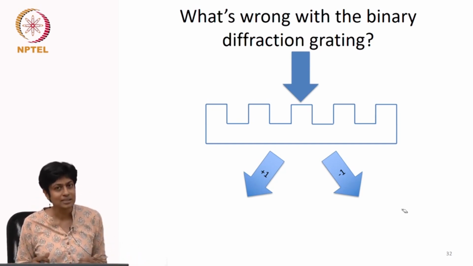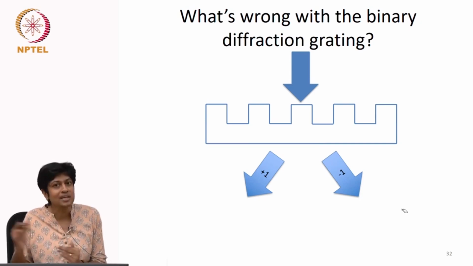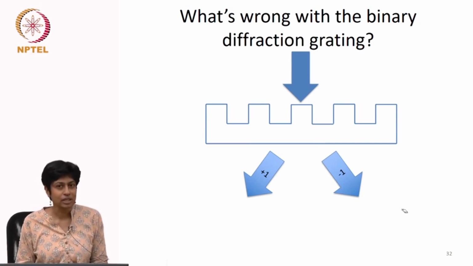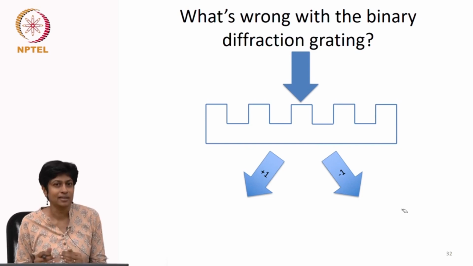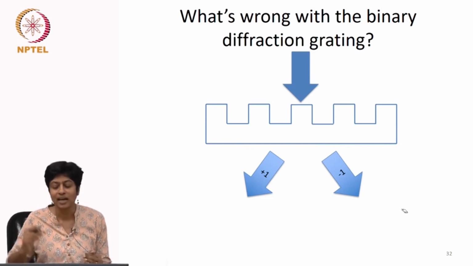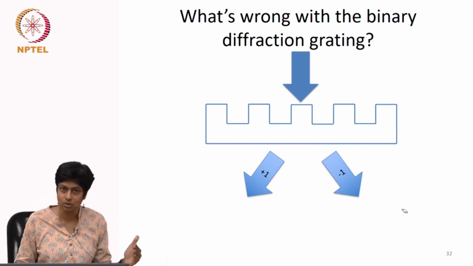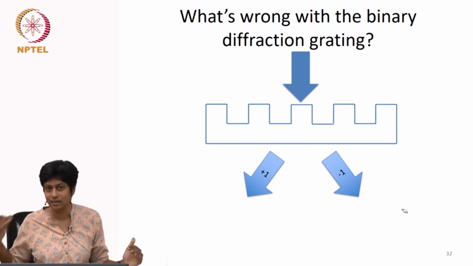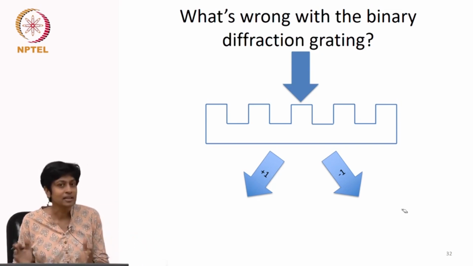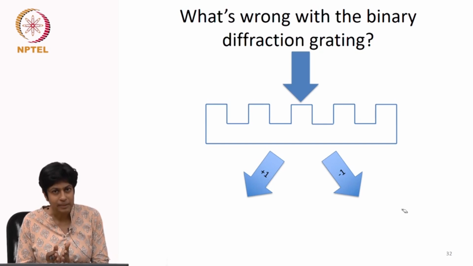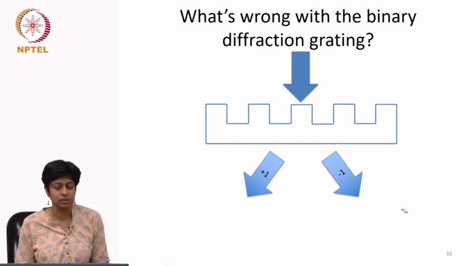So when light is incident, if my goal was to redirect light with the diffraction grating, I always send light into a +1 and a -1 order, or to a +2 and a -2, +3 and a -3. I can't get away from that. And as I pointed out earlier, it is because of the symmetric nature of this particular structure.